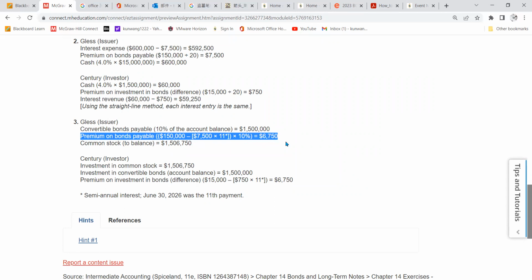Then that's how you get the 6,750 remaining premium. Then add the premium and the convertible bonds' face value, and that's equivalent to the total common stock. So we don't really need to apply the market price for the shares because all of this value will be converted to equity.